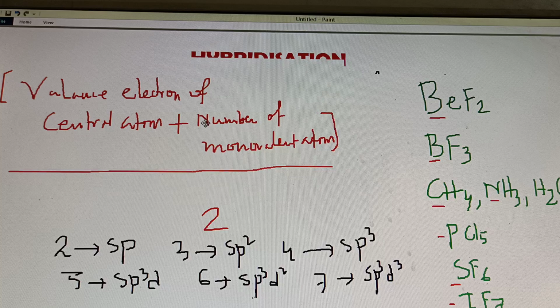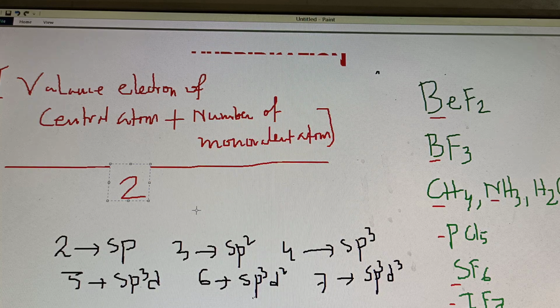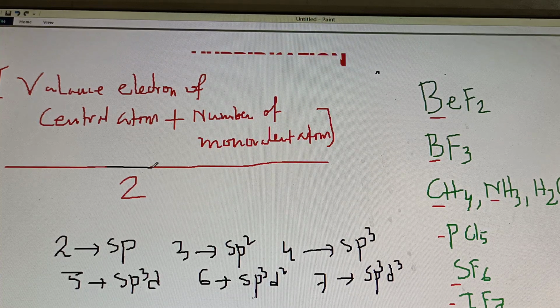So this is our formula. That is the number of valence electrons of the central atom plus the number of monovalent atoms, divided by 2. This is for a neutral molecule, right?